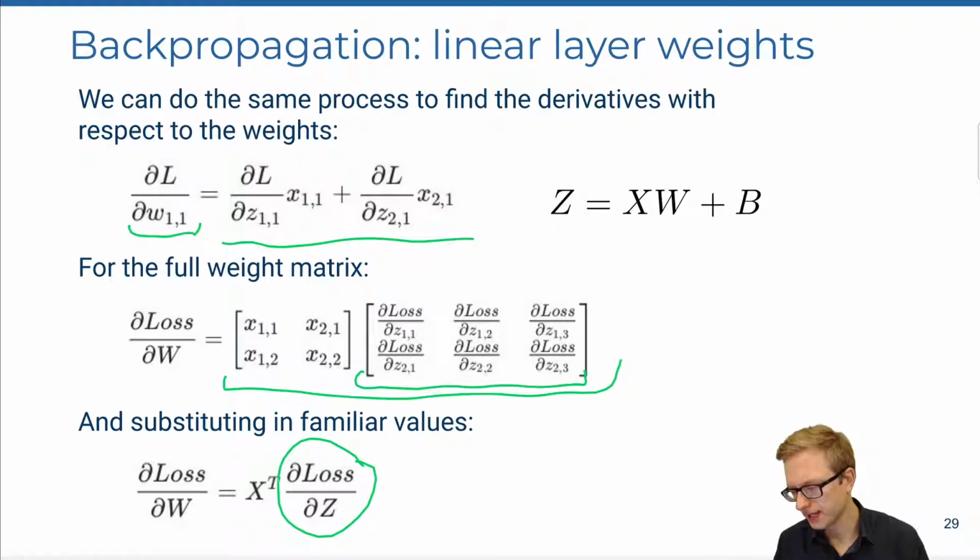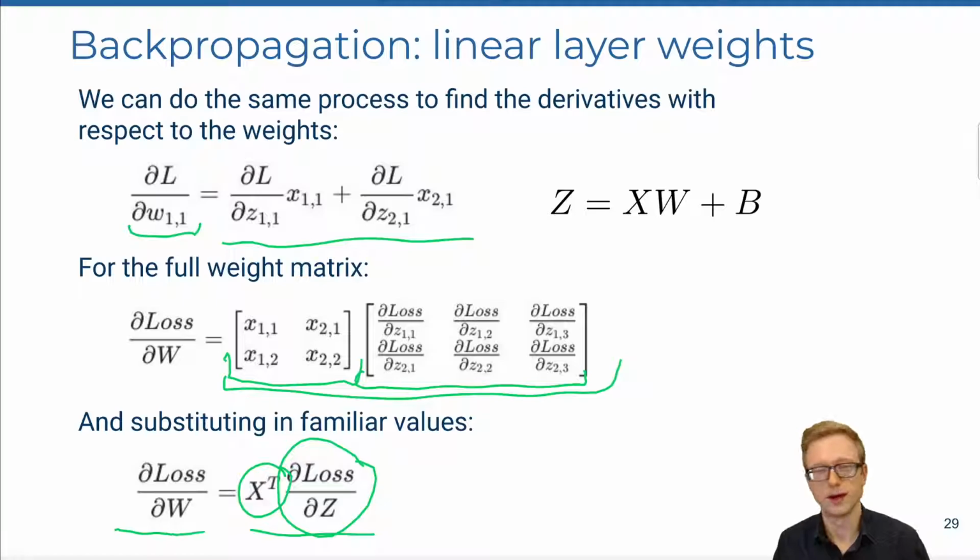And then this one here is X transpose. So it's the input matrix, the matrix of features that we give as input to our layer, just the same matrix transposed. We multiply these together and we get the partial derivative of the loss with respect to the weights in that layer.